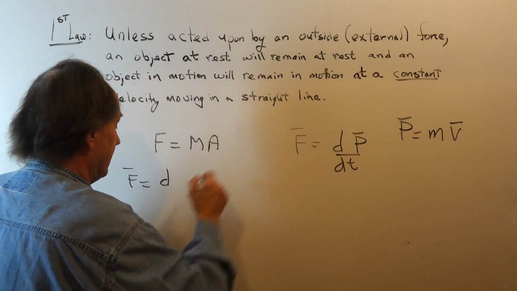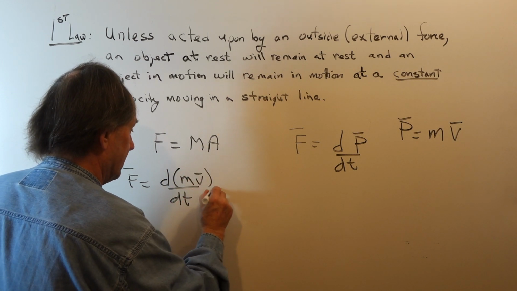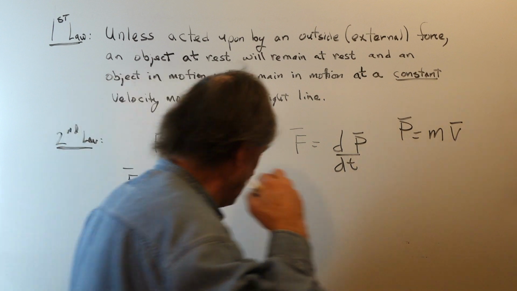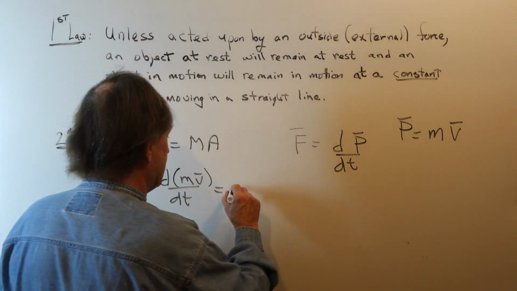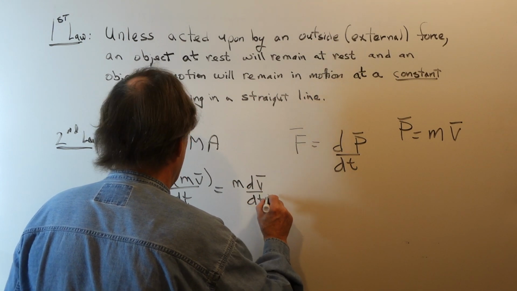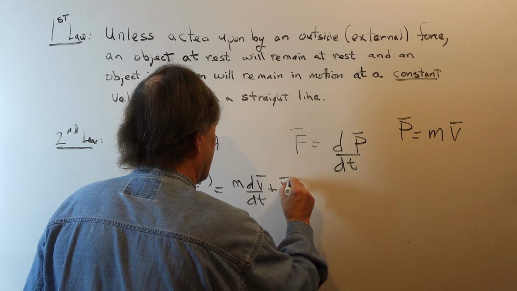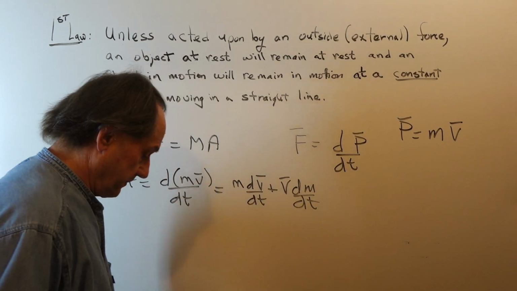So we put in for momentum mv with respect to time, and those that know calculus will know that we can expand this out. This will be mass times the time derivative of velocity with time plus velocity times the time derivative of mass with time.